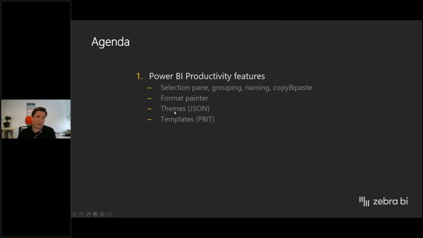We'll touch on the themes and the templates, and along the way I'll try to present some ideas behind it, right? How to do this really systematically and understand how you actually structure your reports and dashboards? How do you structure each page in a report or a dashboard?